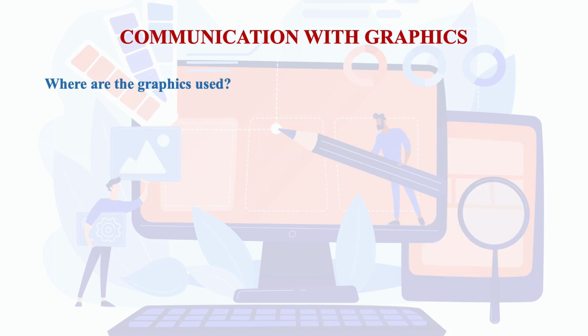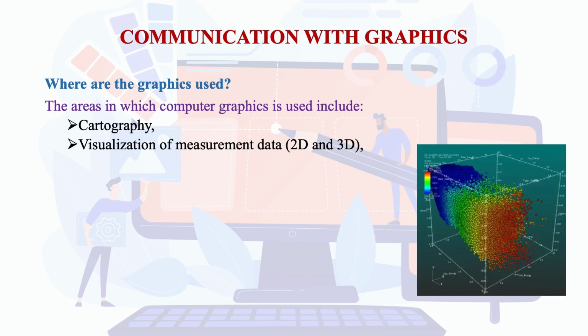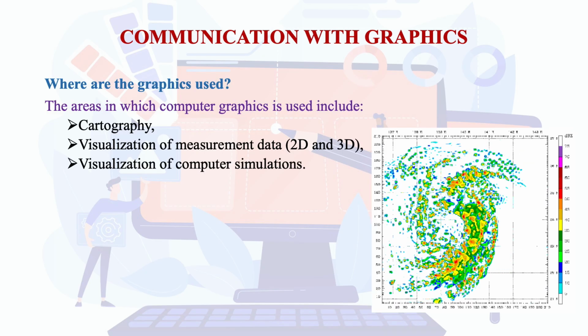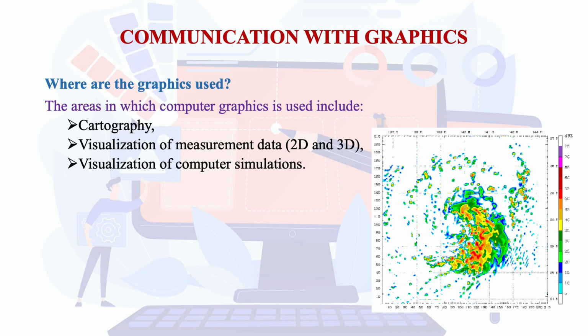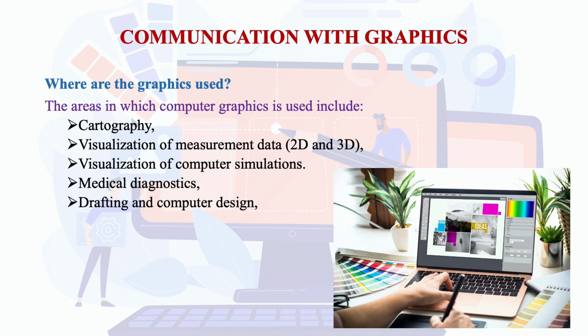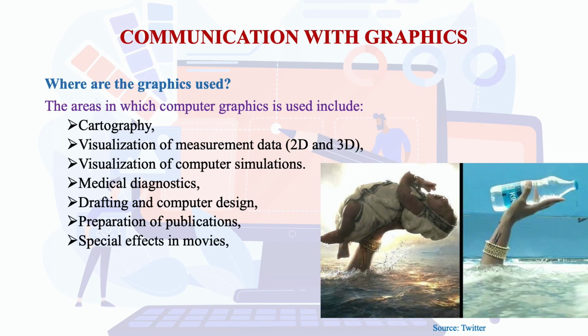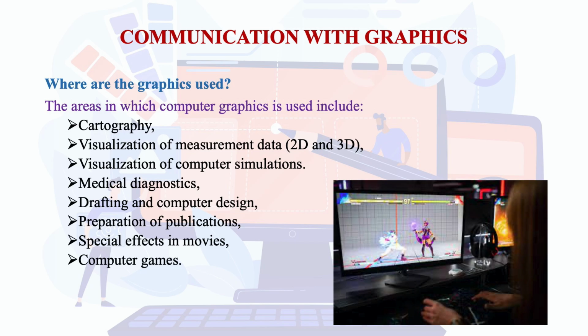Where are the graphics used? The areas in which computers are used include cartography, visualization, measurement of data, either 2D or 3D images, visualization of computer simulations, medical diagnostics, drafting and computer designs, preparation of publications, special effects in movies and nowadays in computer games.